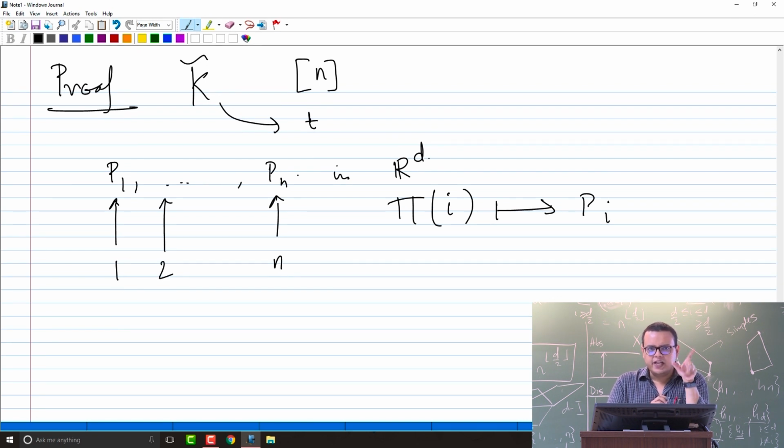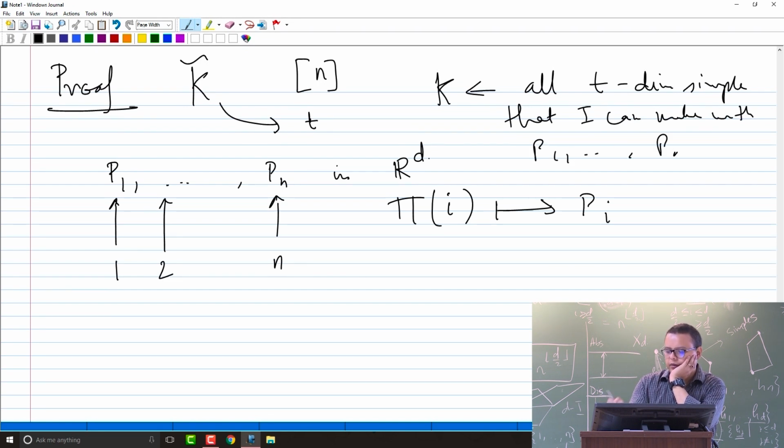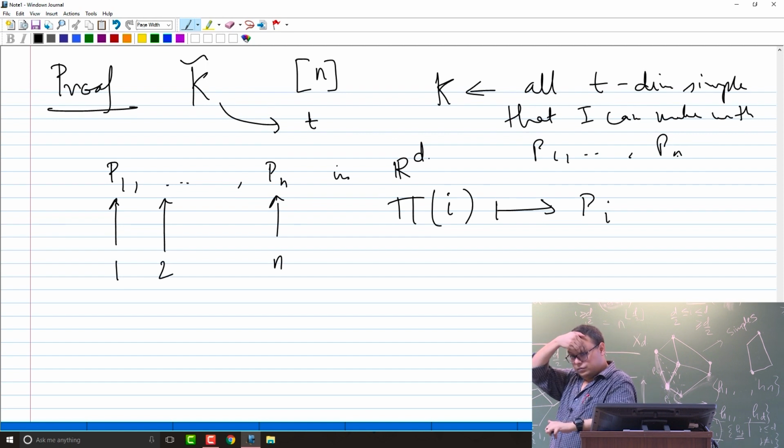All T dimensional simplices that I can make with vertices P1 to Pn.